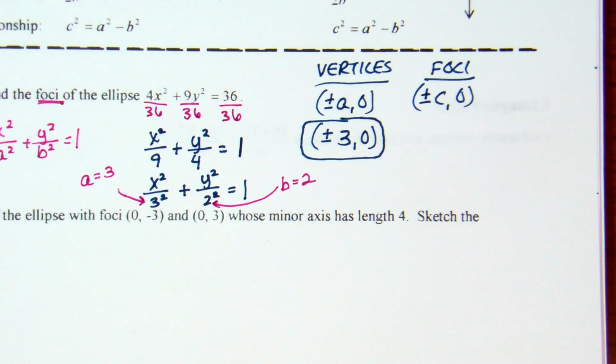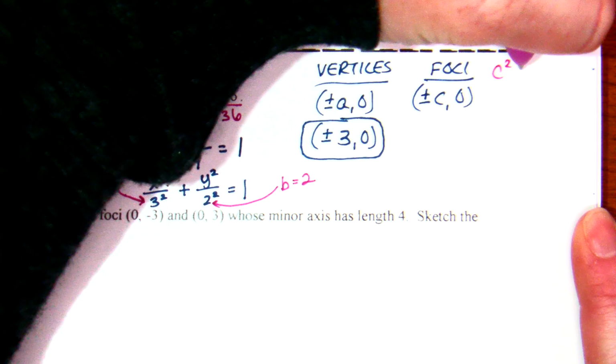We need to find C. We don't have C. We have A and B, so we can use it. Okay, so we have A, we have B, we have something called a Pythagorean relationship. And it doesn't matter which column you look at. The Pythagorean relationship is C squared equals A squared minus B squared.